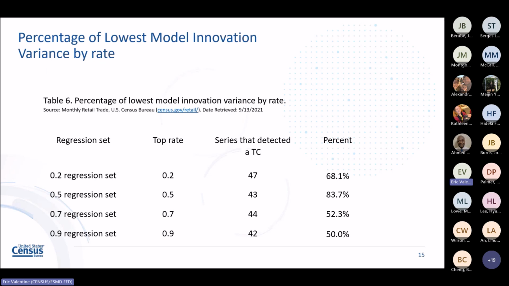I compared the model innovation variances similarly, as is the case with the AICCs. The rates that produced the best innovation variances for each regression set were the rates that were associated with that regression set. Again, rate 0.5 had the highest rate of the lowest model innovation variances with 83.7%.